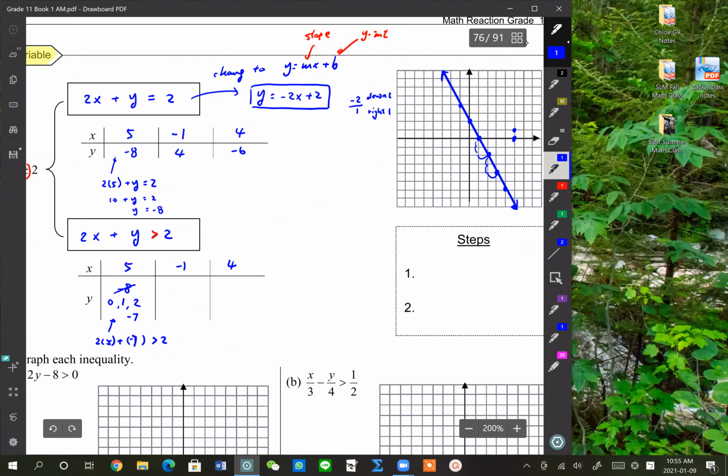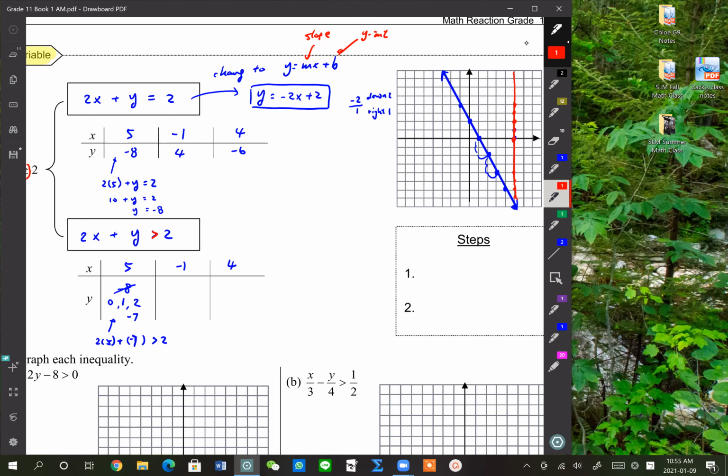Let me use a different color. 5, 2. Anything higher will also work. 5, negative 7 will be here, and then anything bigger. So it's everything above the line. Make sense?